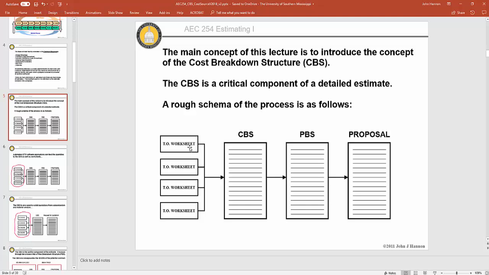It'll make sense after we do a few of them. And this information can feed to the list of scope or the cost breakdown structure. And then some of this data will go over to the price breakdown structure, and then we'll have a proposal based upon our price. So we'll start out with worksheets.